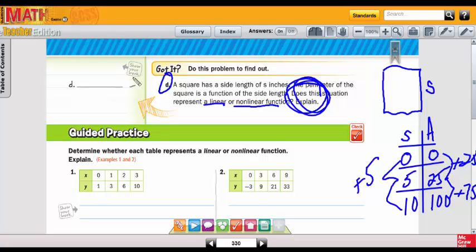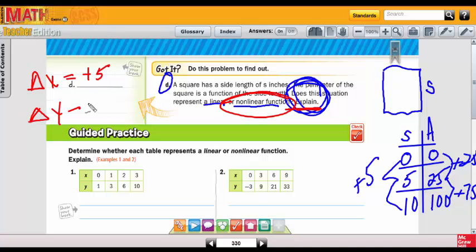So first of all, we would say immediately that our answer is it is nonlinear, and then our explanation would be that our change in x equals plus 5, whereas our change in y is not constant. Would be a great way to put this. Not constant. Our change in y is not constant, and that is why it is nonlinear.